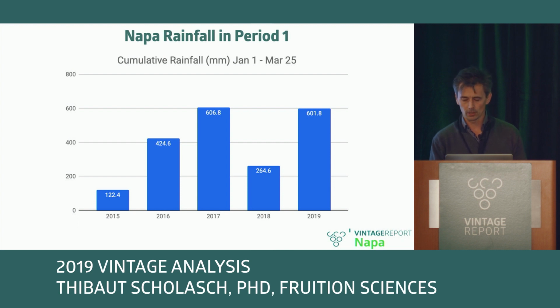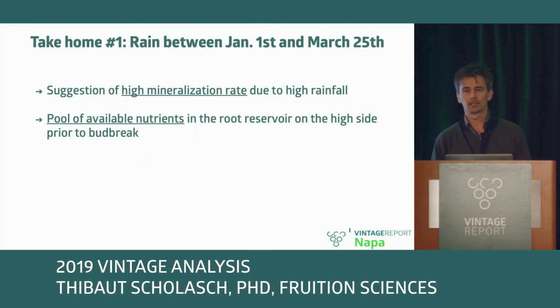The take-home number 1 we can get from that already before bud break is that microbes won't be slowed down in their ability to convert mineral nitrogen into plant-available nitrogen.